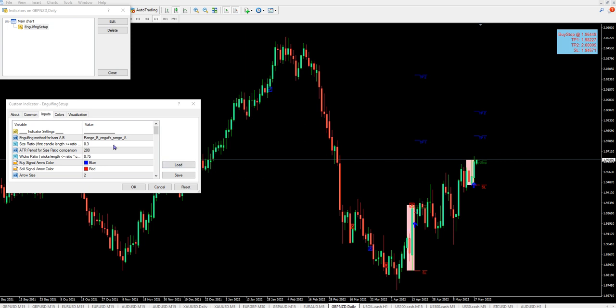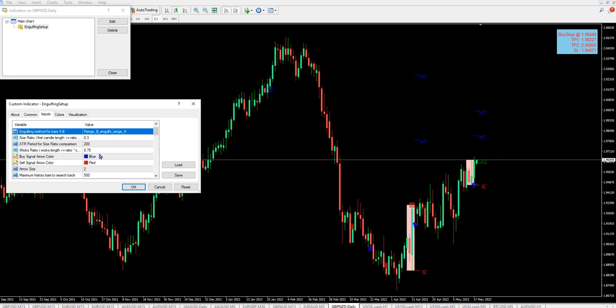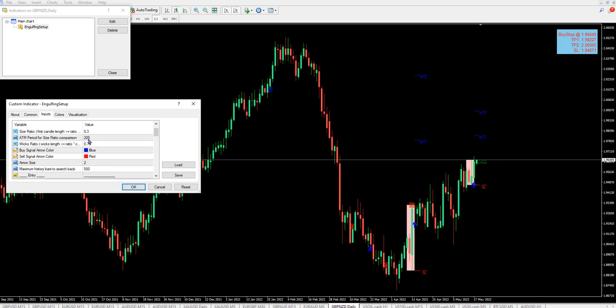And so here in the settings, you can choose what kind of engulfing candle you want, whether it's the entire range, whether it's just the body, including the wicks, and all these other settings here for the ratio from candle A to candle B, what it looks back on, and even adjusting the TP and SL settings.